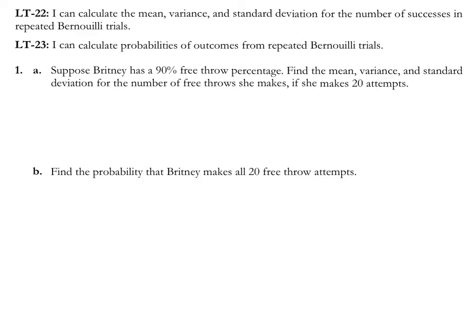So first, let's just remind ourselves what a Bernoulli trial is. A Bernoulli trial is some kind of an experiment where there are exactly two outcomes. For example, flipping a coin, you can get heads or tails. One of the outcomes we label a success.